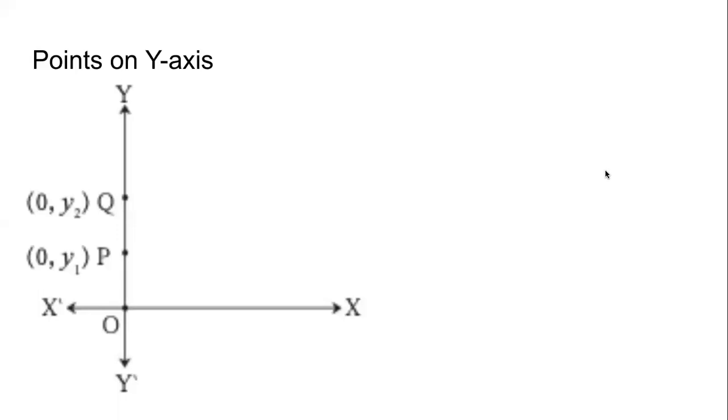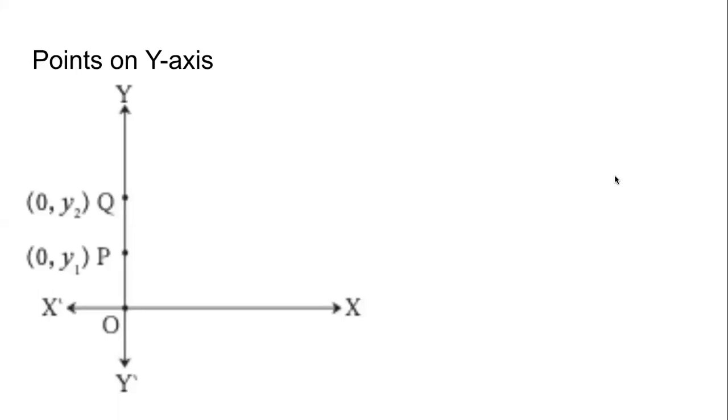What happens when the points are on the y-axis? When the points are on the y-axis, then obviously the x coordinates of the points are zeros. Look at the points P and Q. Both are on the y-axis and both are above the x-axis. So let us say the coordinates of point P are 0, y1, and the coordinates of point Q are 0, y2.